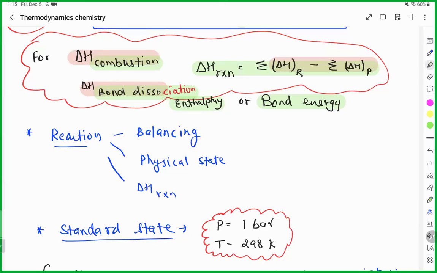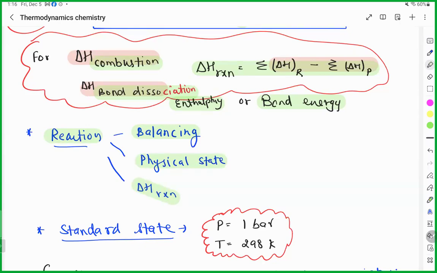How to solve questions of thermochemistry? Three rules. Whenever you are given a reaction, first, you have to balance the equation. Most important: balancing is important. Once you are done with balancing, you have to understand the state of each species: solid, liquid, or gas. And then, what is the enthalpy of the reaction?